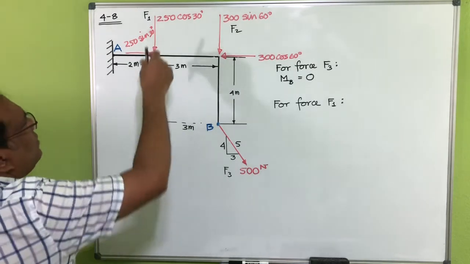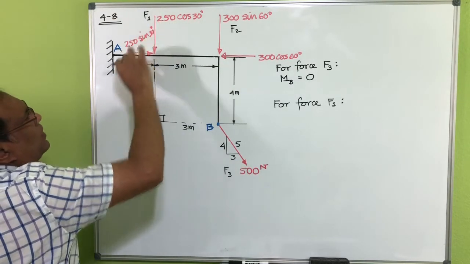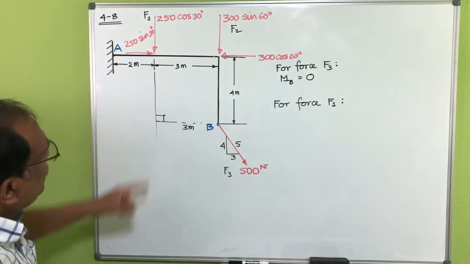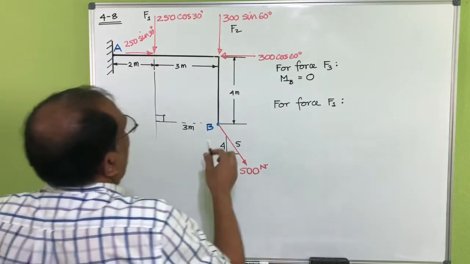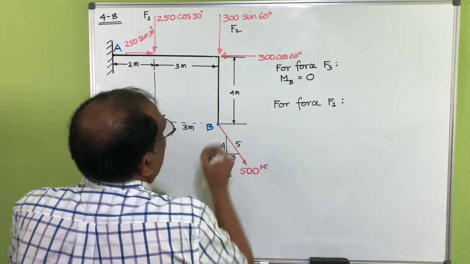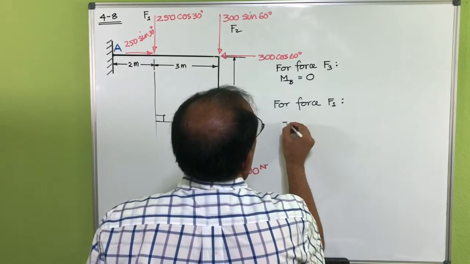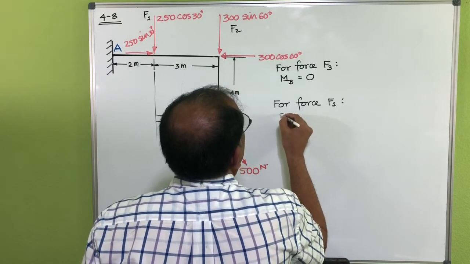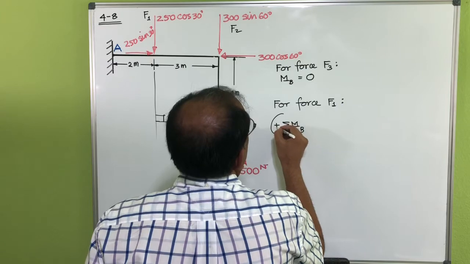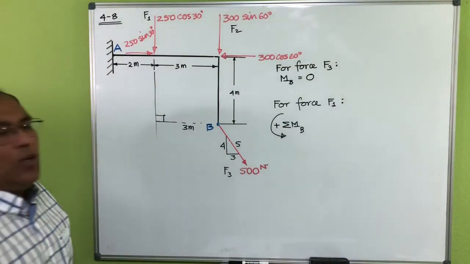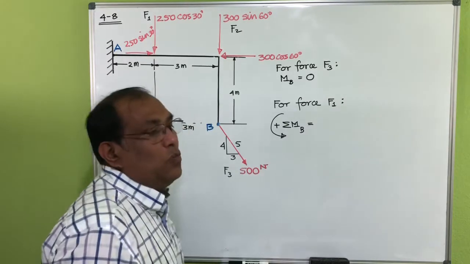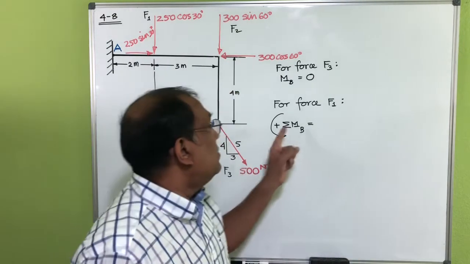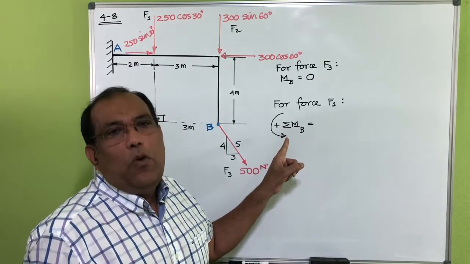Okay, now you can see for force F1 I have two components here, 250 cosine 30, which is going in this direction, and a vertical component. If you try to see how this one is rotating, then let's write it down: summation of moment at point B. Let's say counterclockwise is positive. Okay? Counterclockwise positive. Definitely you can assume clockwise is positive. That's up to you. And at the end, if you get a positive number, then I'll say yes, my moment is counterclockwise.